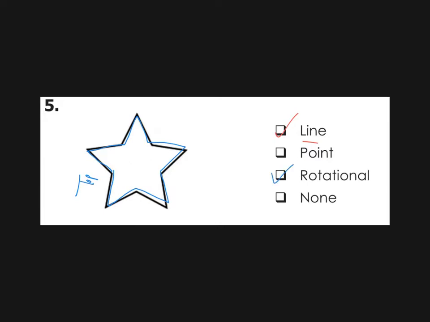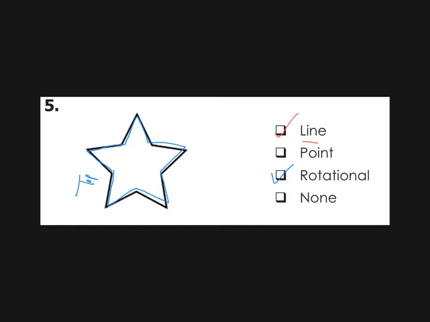Just going back to that first slide, point is 180 degrees only. If you have point, you automatically have rotational, because rotational means any amount of degree of rotation. But if I don't have the 180, I still need to check for the rotational. So for the star, we're going to have line symmetry and rotational symmetry only.